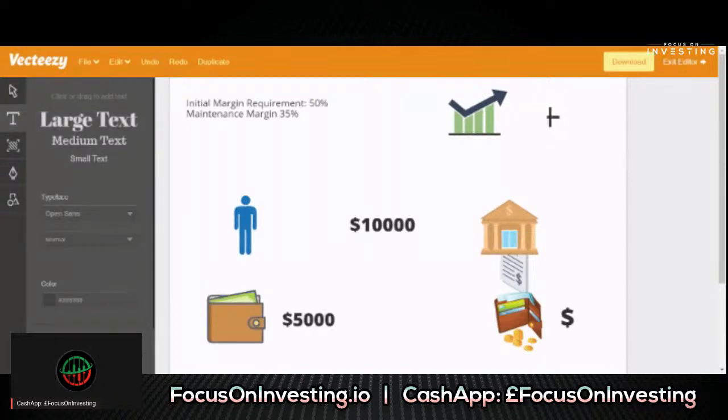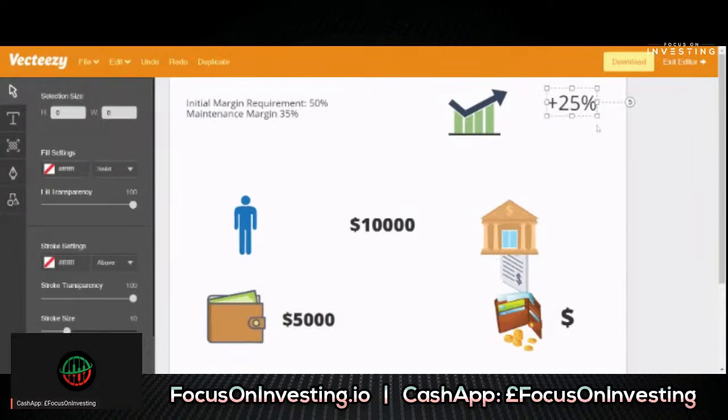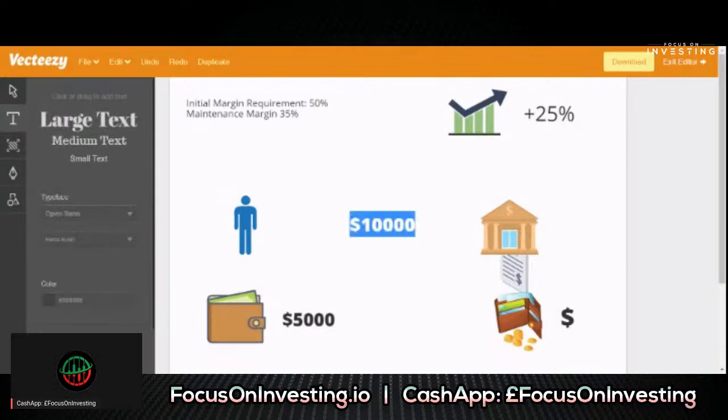So the market is up by 25%. Right. So if we look at the market going up by 25%, an increase of 25% on our 10,000, we end up having $12,500. From that $12,500, we'd end up paying back our $5,000 back to the broker.